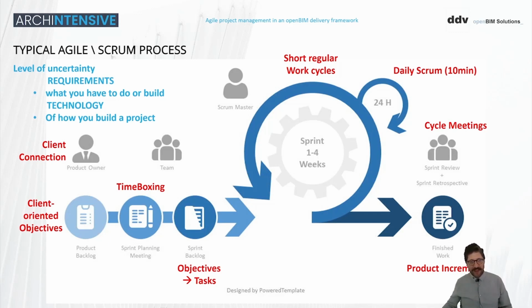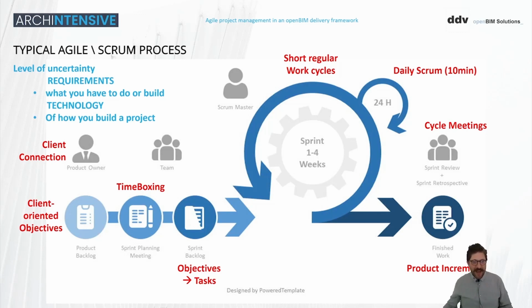And then at the end of this cycle, one cycle could be 1 week, 2 weeks, 3 weeks, we will have what are called a sprint review and a sprint retrospective. We will cover it later on, but one is about product quality, and the other is about performance quality.